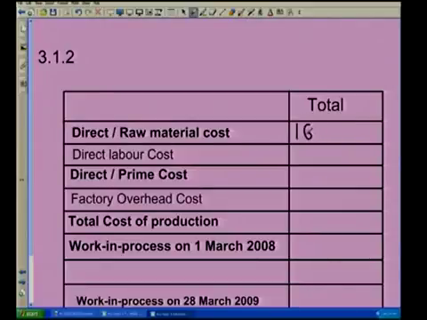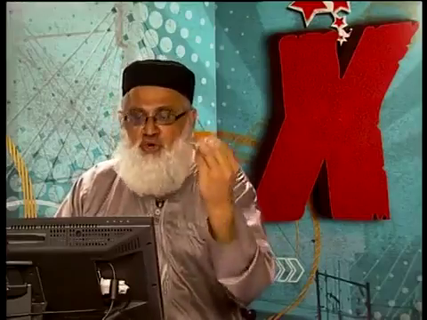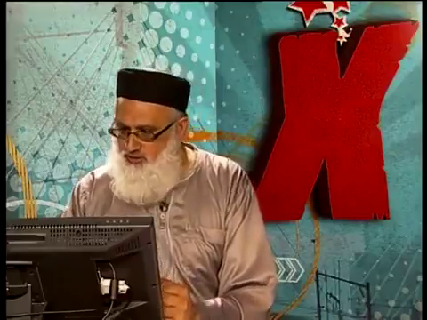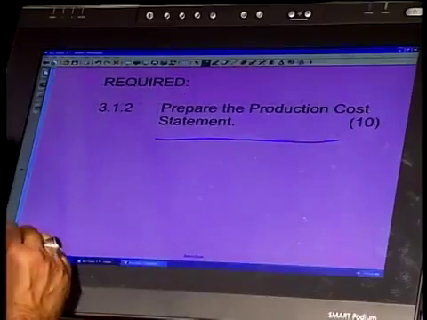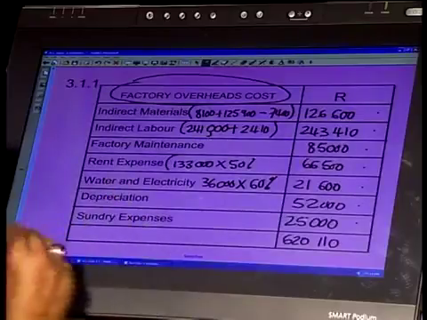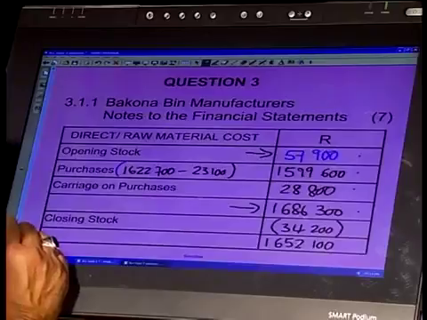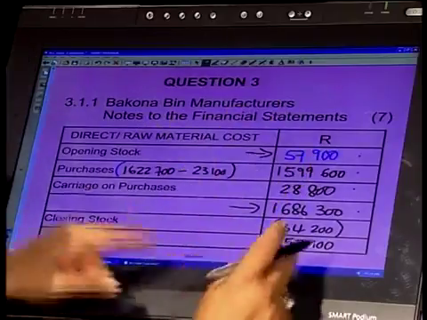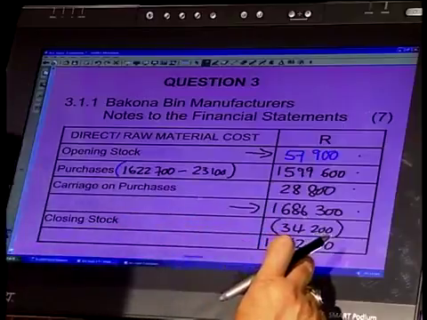So this is not a new figure. There's no calculation involved. What is it? It's 1,652,100. Remember, whatever answer you have, let me show it to you so you know what I'm talking about.